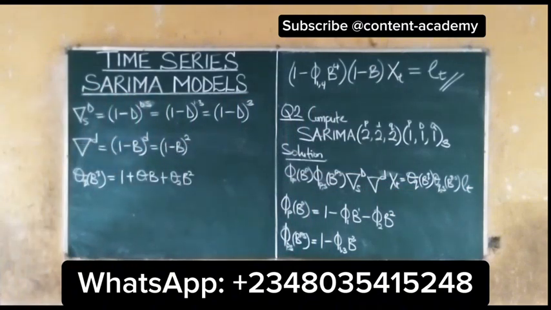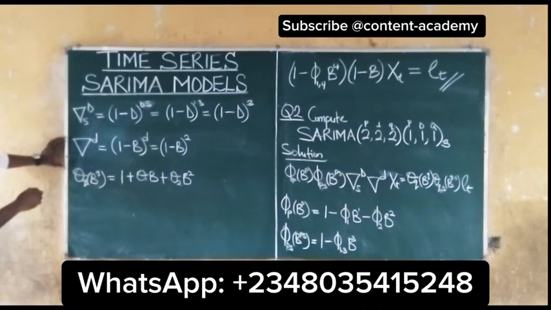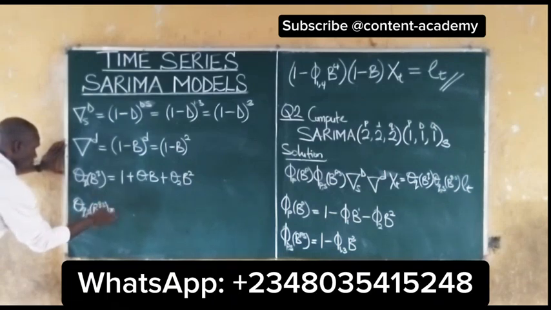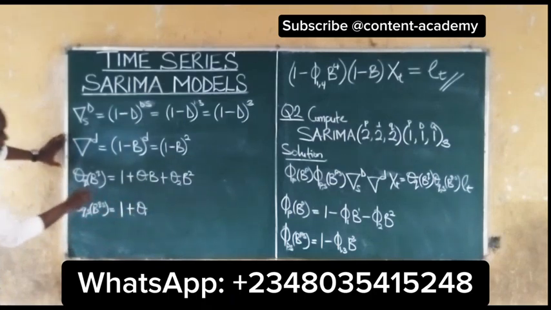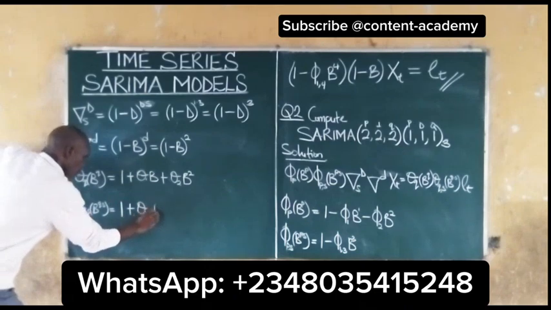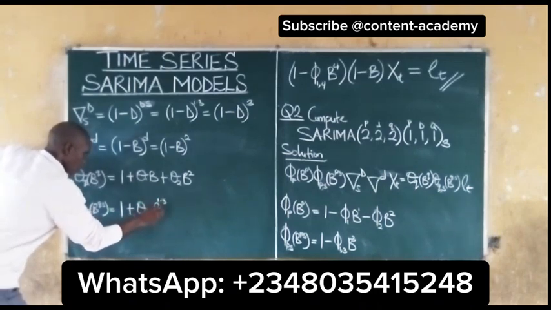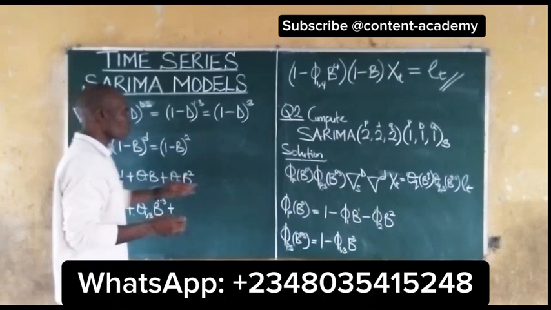The seasonal moving average part, we have it to be Theta_{Q,S}(B^{QS}) equal to 1 plus Theta_{1,3} B^{1 multiplied by 3}.